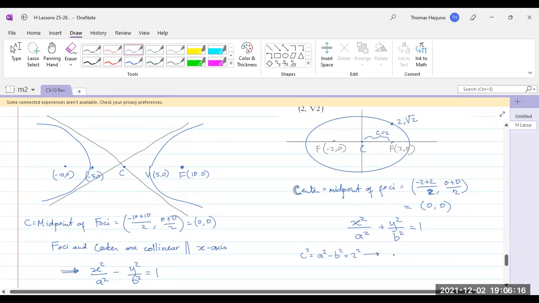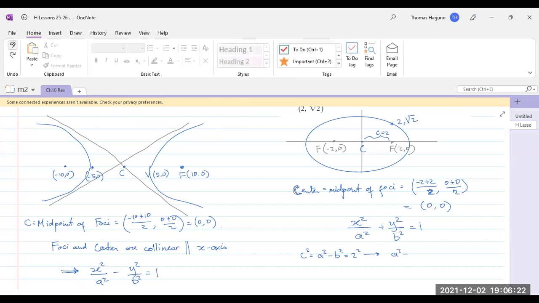In other words, a squared minus b squared equals 4. Thomas, how do we know it's not b squared minus a squared? Well, because we know that the major axis is parallel to the x-axis, so a squared must be greater. The denominator of the x term must be greater than the denominator of the y term.